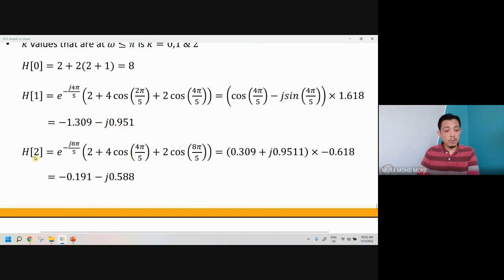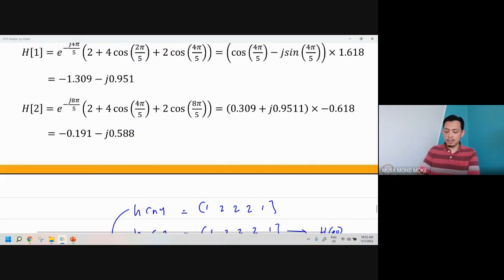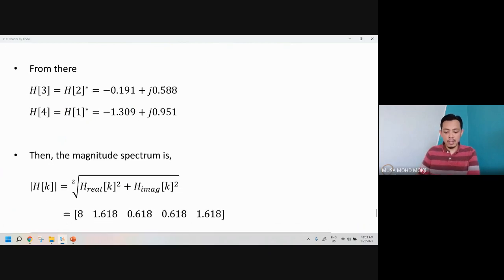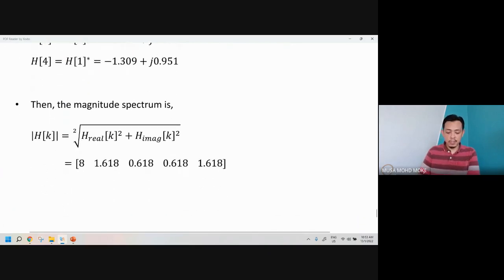H3 is equal to the conjugate of H2. So it becomes negative 0.191 plus j 0.588. So which is this one? Okay, so that's H3 and H4. It doesn't need to compute that, right? Don't waste your time computing H3 and H4 because it's just a conjugate of it.